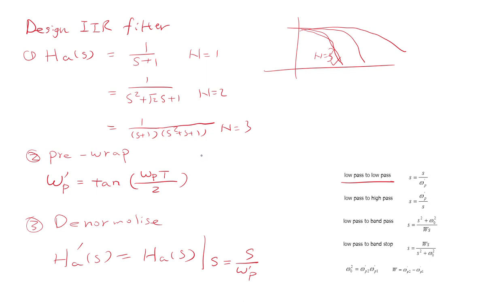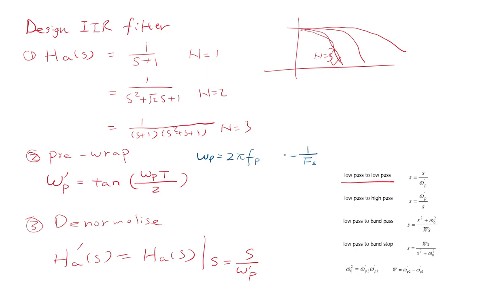Because omega p equals 2 pi fp, and T actually just equals 1 over fs. This is about sampling frequency.